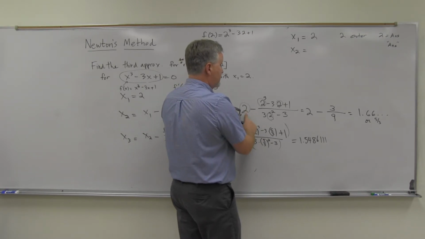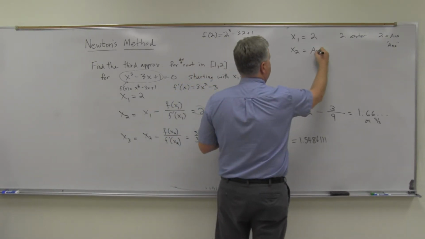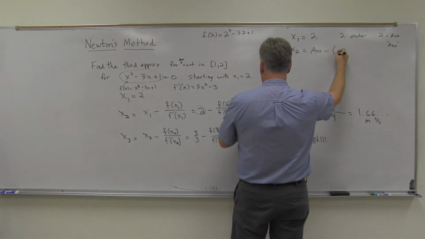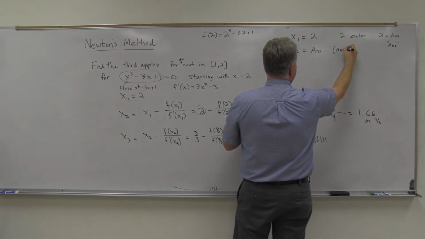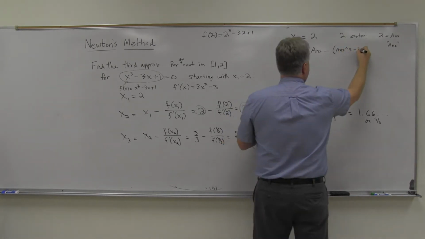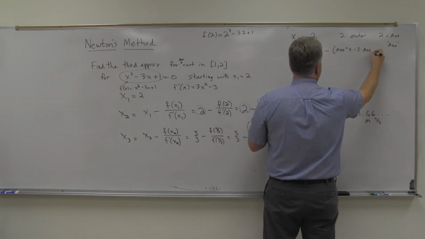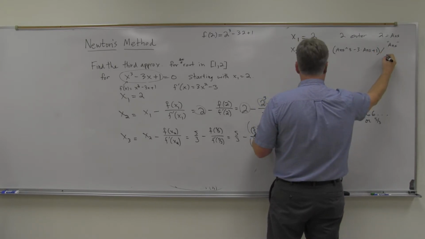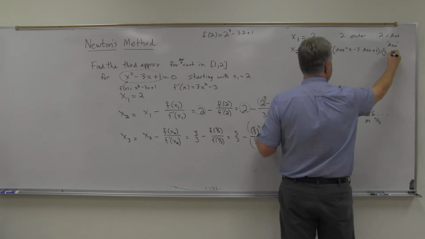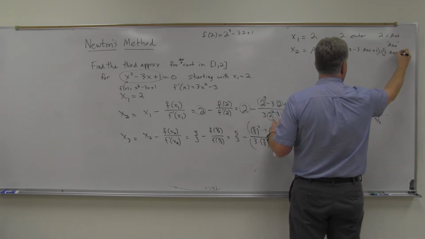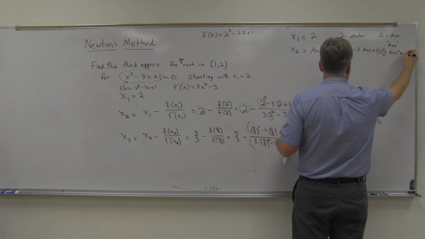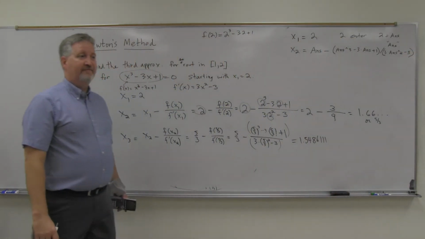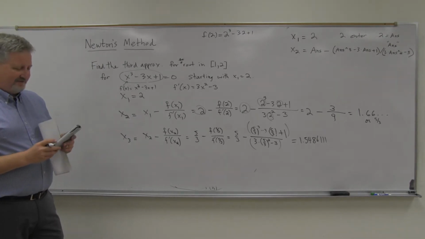So it'll be ANS, minus, parentheses, ANS cubed, minus 3 times ANS, plus 1, divided by parentheses, 3 times ANS squared, minus 3. If I put that in there like that, that'll be very, very helpful.